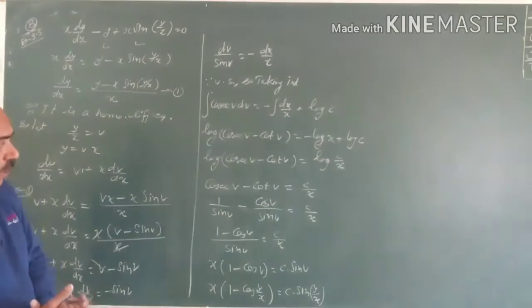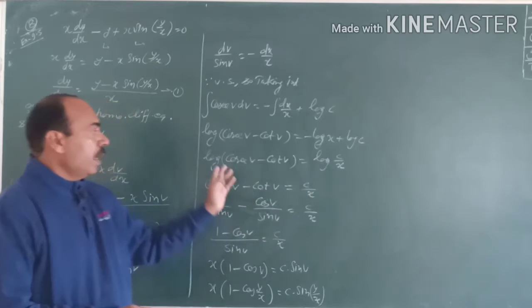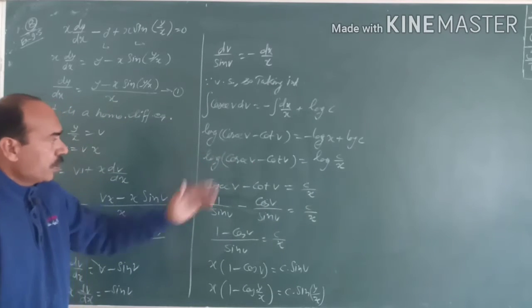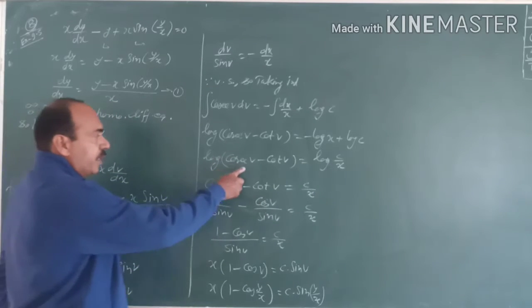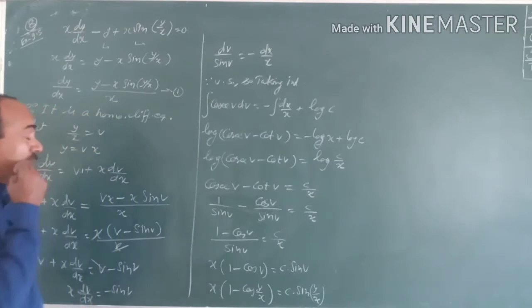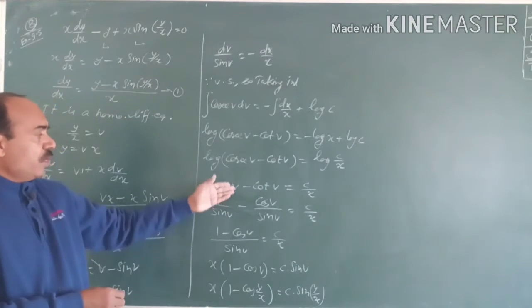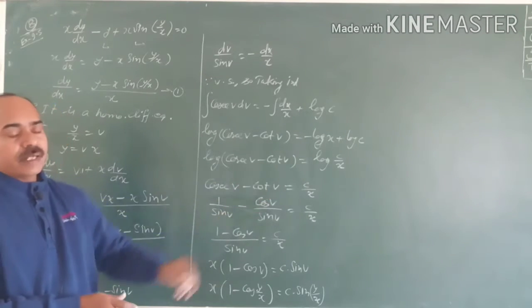So write log c here. By the logarithm rule it will be c/x, and in the next step the log cancels out. So only cosec v minus cot v equals c/x, and in place of v, if you want to write y/x, there is no problem. So cosec(y/x) minus cot(y/x) equals c/x.